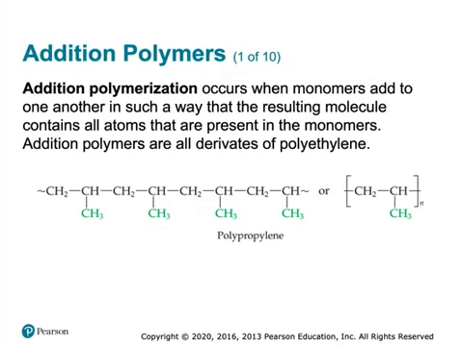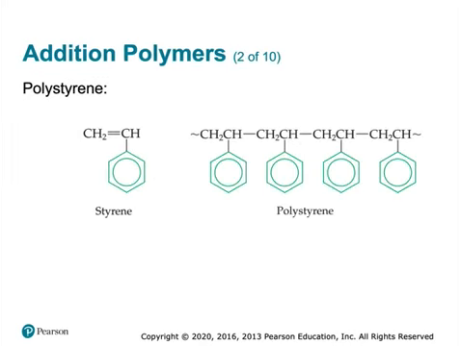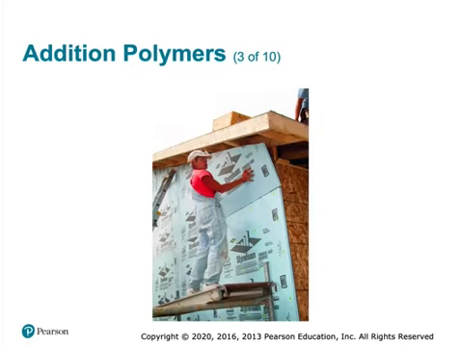Okay, addition polymers, we'll talk about the different types of polymers. Addition polymers, we just add one molecule on after another and keep on going. Polypropylene here is an example of one. And polyethylene is an addition polymer. It's the most common. Here is polystyrene, which is used in styrofoam.